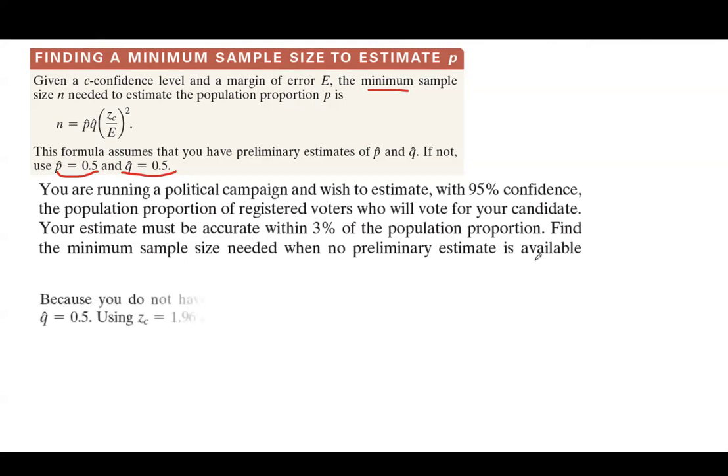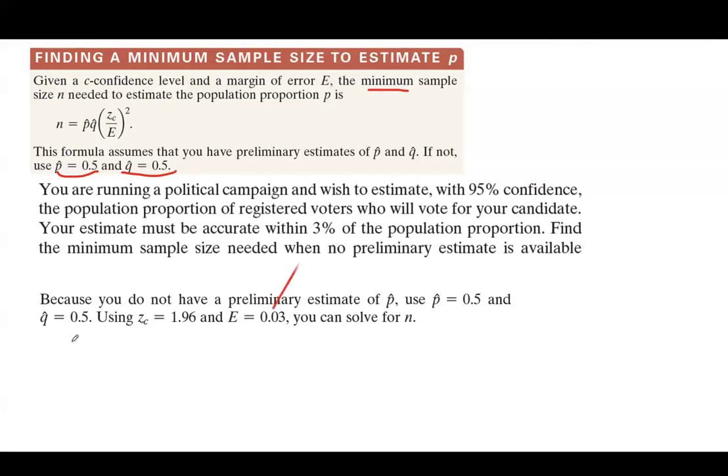Very good. Since we don't have basic information like p hat and q hat, we must assume they are 50%. So since you don't have any preliminary estimate of p hat, use a 50% chance of success and a 50% chance of failure. Since you have a 95% confidence level, the critical value is 1.96 and the margin of error is 3%. Usually students get confused, what is this 3%?